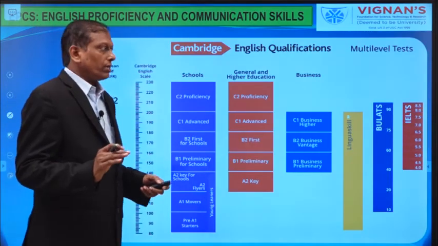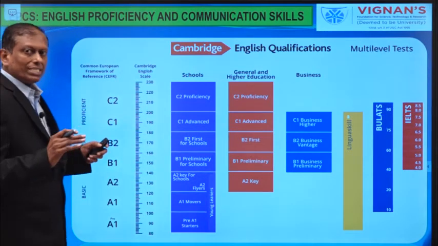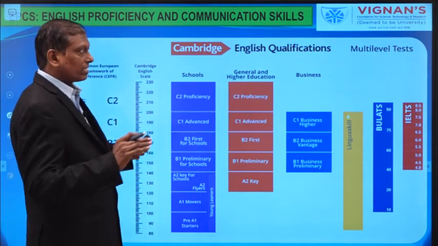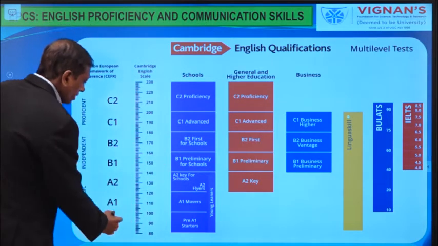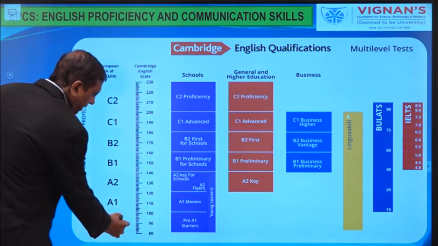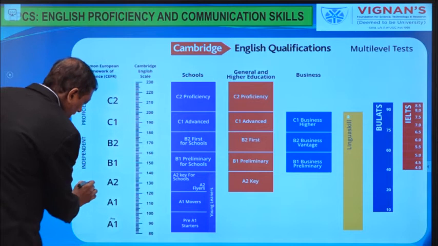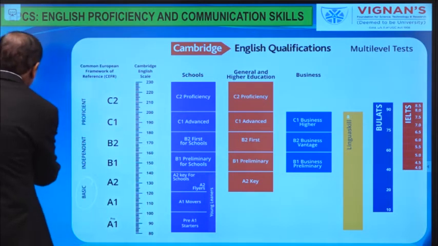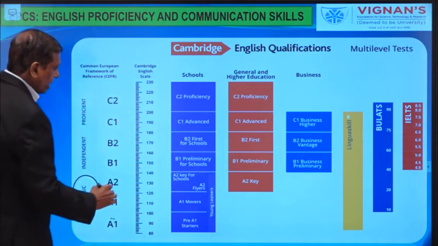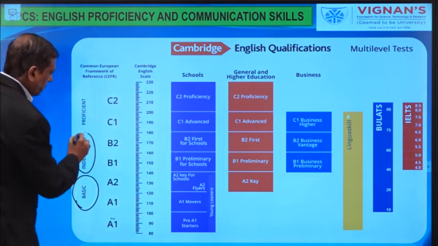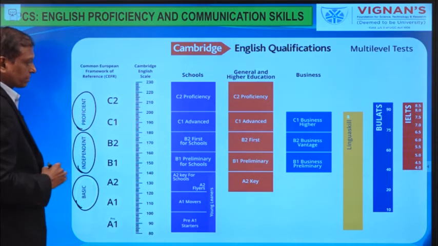Now you will find a clear picture of where we stand in the international scenario of English language proficiency. I told you that pre-A1, A1, A2, these are basic level tests, and B1, B2 are independent level tests, C1, C2 are proficient level tests.